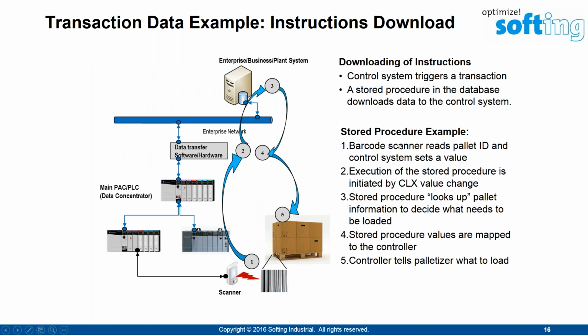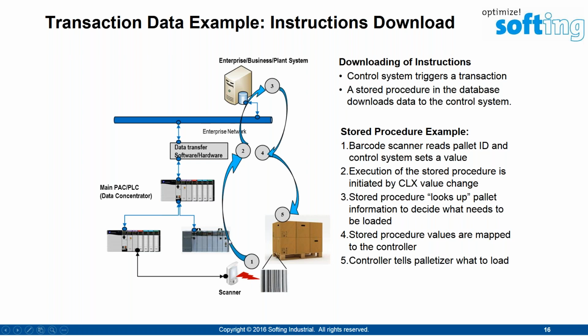An example of an instructions download would be something like this, where you have a barcode scanner that reads a pallet ID. Since every time you read a new pallet ID you're going to have a change in that value, you can use that value as your trigger.